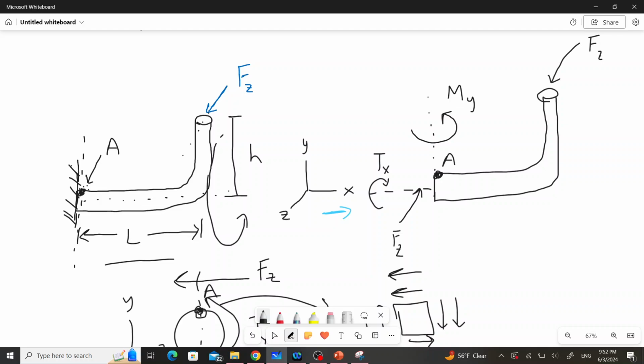the applied torque is coming from this force Fz, and that applied torque about x, the distance to the axis, the distance to the action of Fz is h. So we know that the torque is going to be this force multiplied by this distance h.